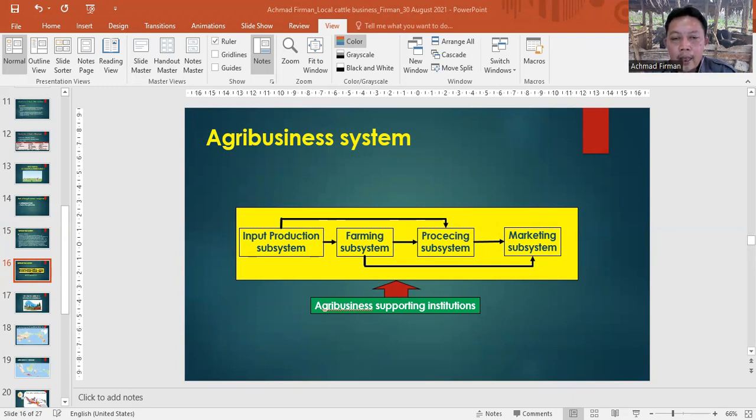That's why I said that the system can be divided into subsystems. A subsystem can be one company, but it is a very huge capital, so you can join with other companies to make an agribusiness system like this. Okay, next slide.